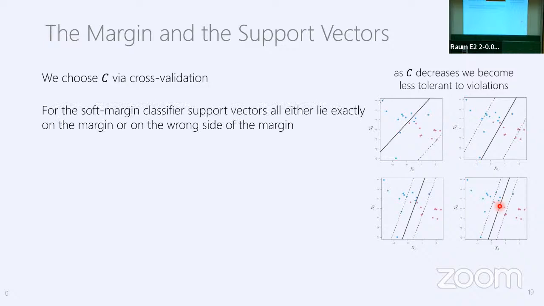And before, we had that the data points which are exactly on the margin were the ones called support vectors. But here, because we also allow data points within the margin, those are also called support vectors. So essentially all data points that are on the margin or on the wrong side of the margin are called support vectors.